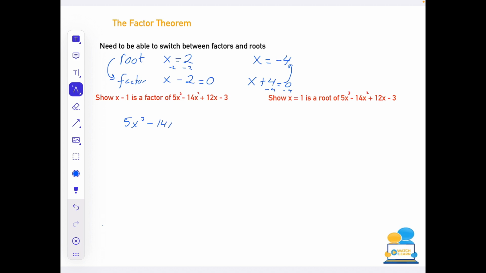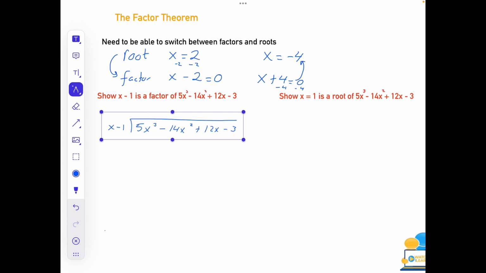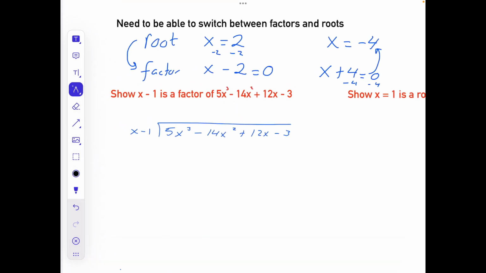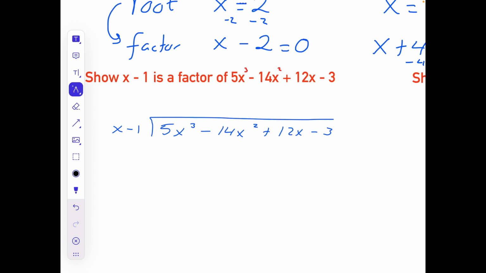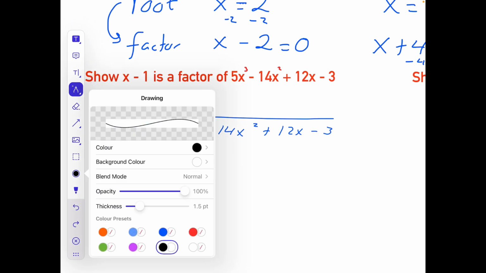So we're going to do that. We have 5x cubed, we'll write it out as our long division, and we're going to do our long division like we did in the previous part. First step, what would you multiply x by to get 5x cubed? You'd multiply it by 5x squared.